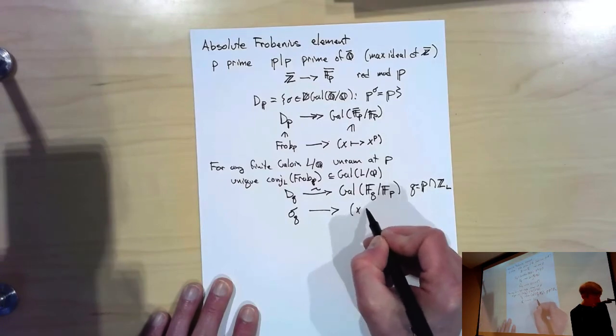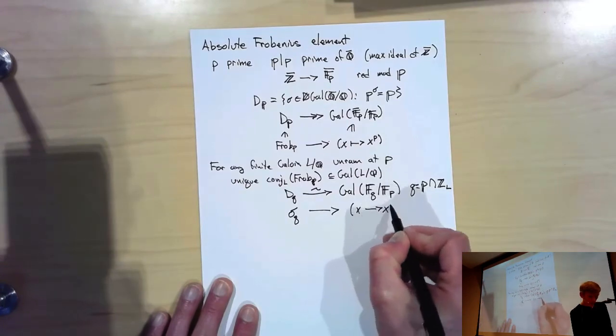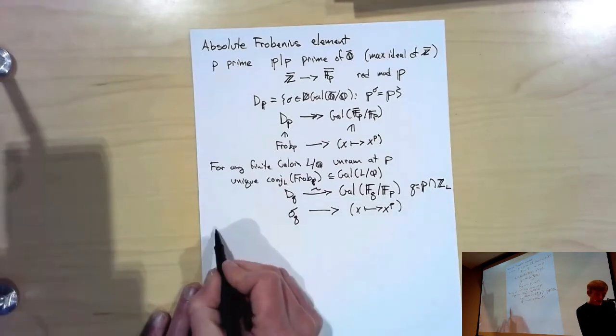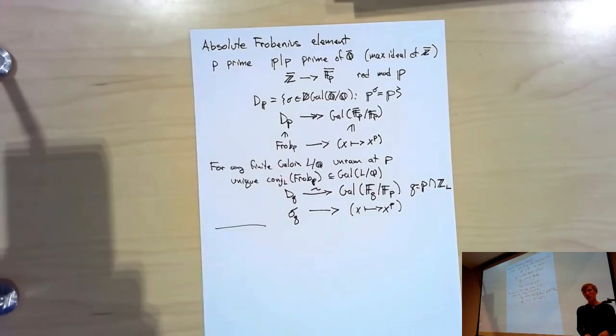And it's going to get mapped to the Frobenius automorphism. Okay, so we could think of this absolute Frobenius element as determining an infinite tree of Frobenius conjugacy classes in each finite Galois extension of Q, and the key point is that they're all compatible.